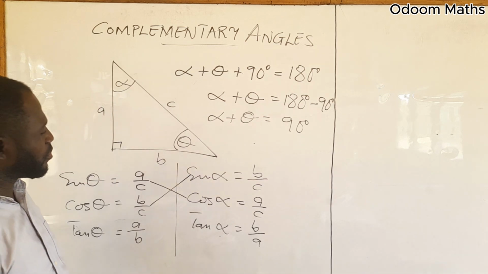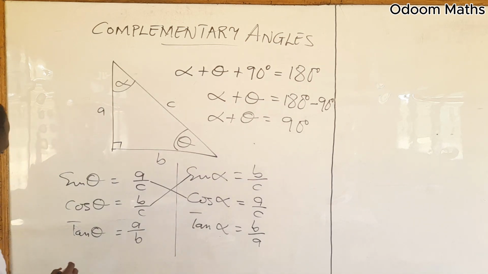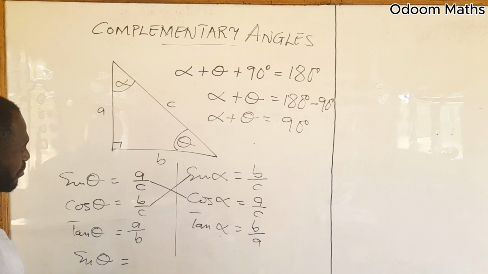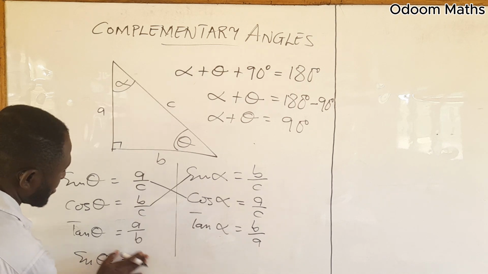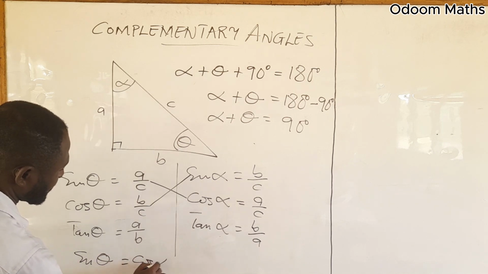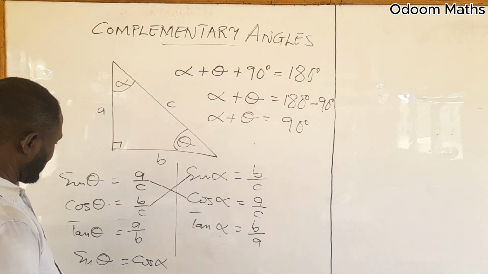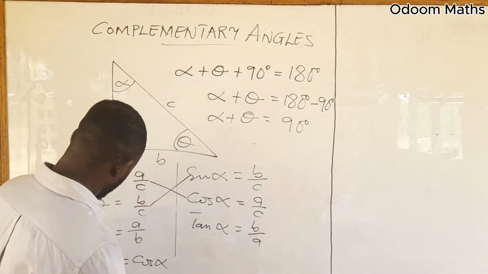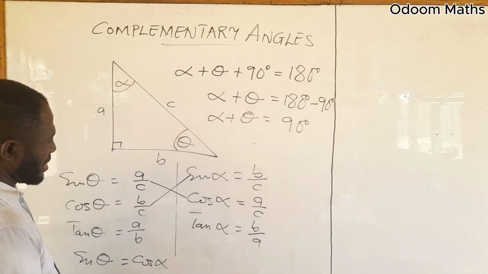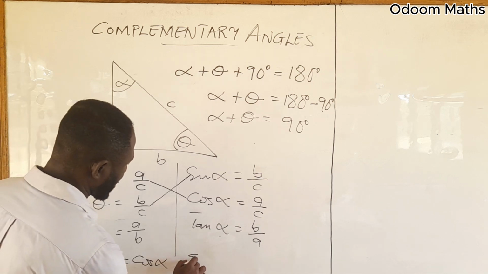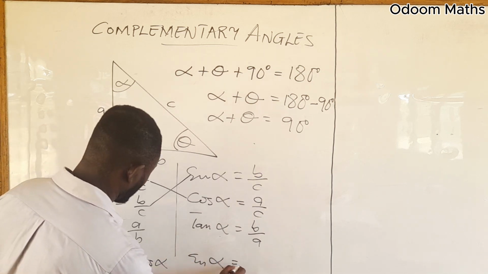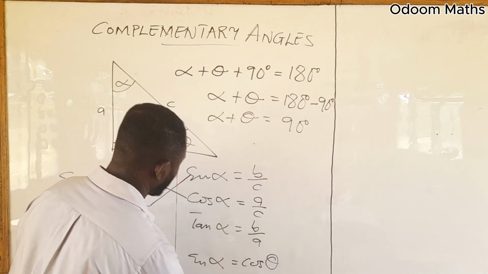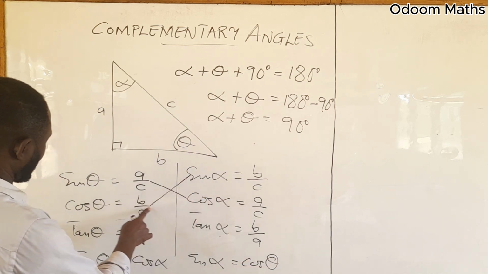So sin theta is equal to cos alpha, and sin alpha is equal to cos theta.